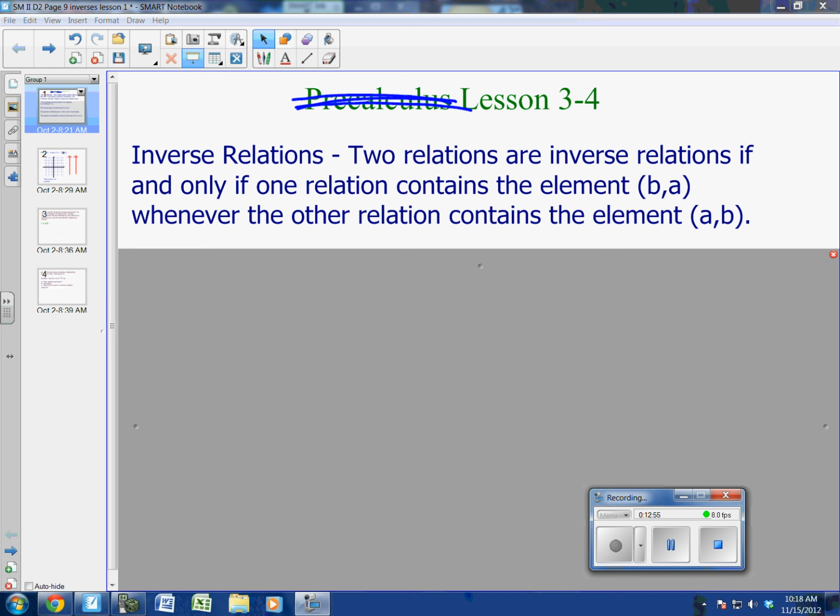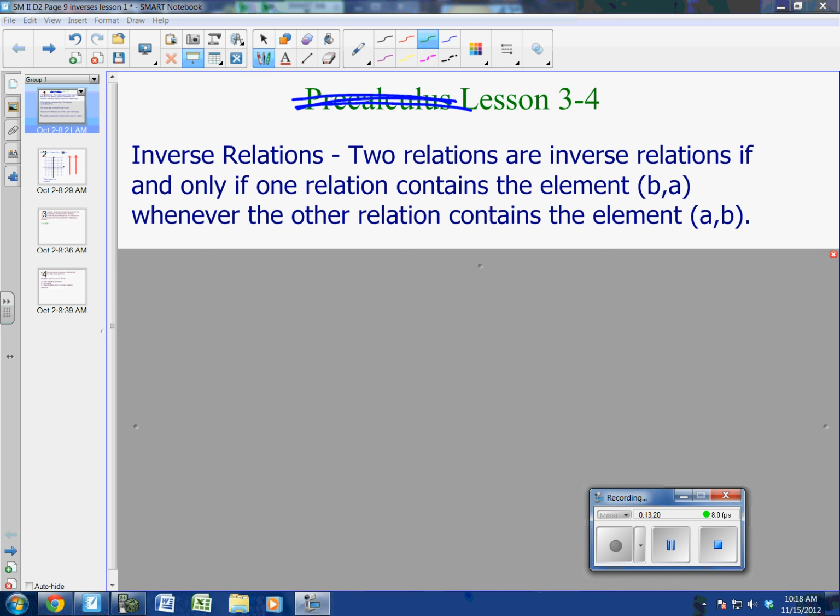But it might not be a function. Some graphs and some relations are functions as well. But right here, two relations are inverse relations if and only if one relation contains the element b comma a whenever the other relation contains element a comma b.